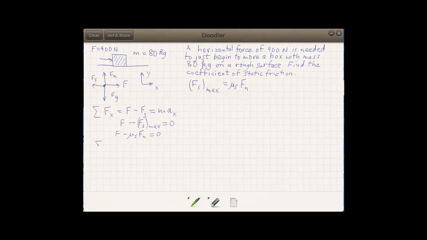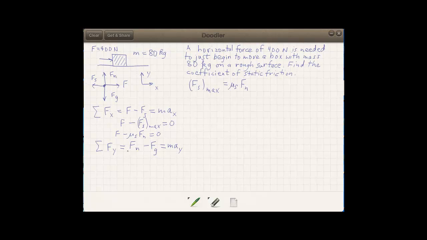That other information comes from Newton's second law applied to the y direction, the y components of the forces acting on the object. We have a positive force in the y direction, the normal force, and the downward force of gravity, otherwise known as the weight of the object. The sum equals m times a sub y.